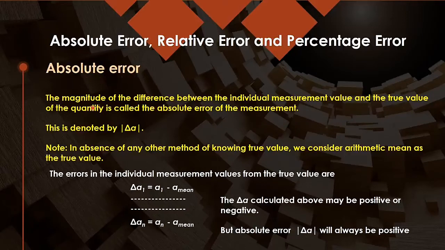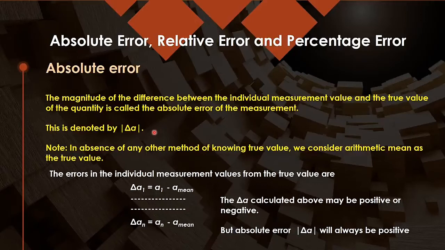That difference is your absolute error. Absolute error is simply the difference in the magnitudes of the true value and your measured value, and this is always taken with a positive sign. So there is a mod sign; I am writing it as modulus of delta A. Delta means difference in the value of the measurement.